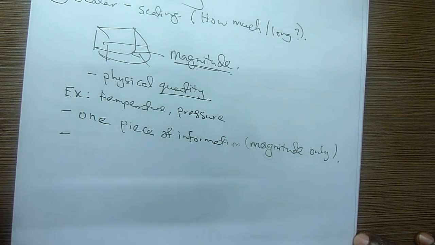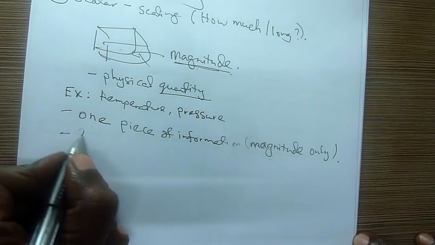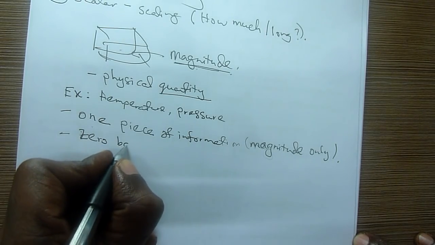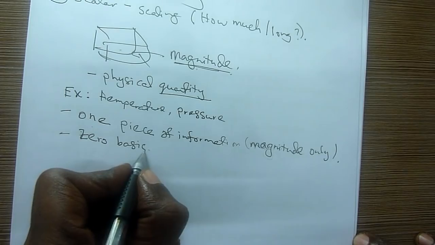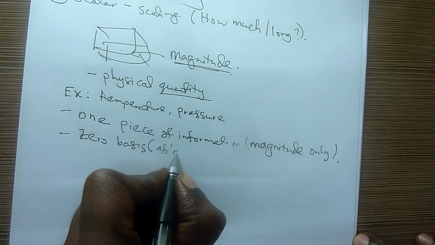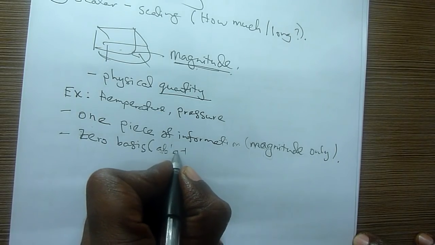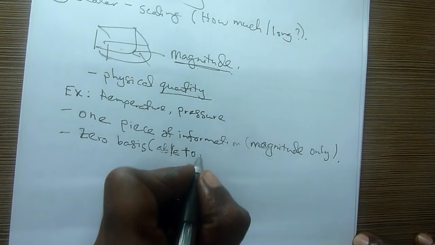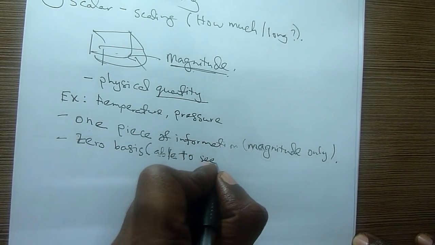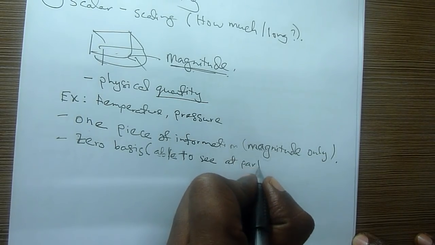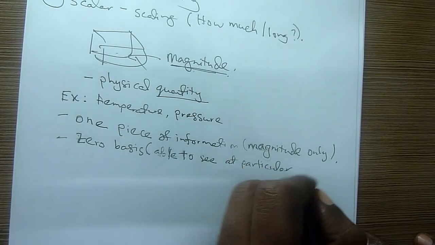Therefore, in vector, they call this a zero basis. Why is it a zero basis? It is only able to see at a particular point only.